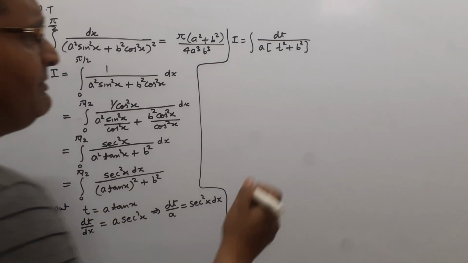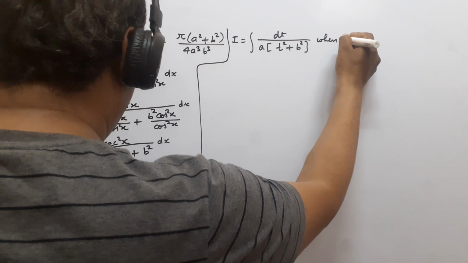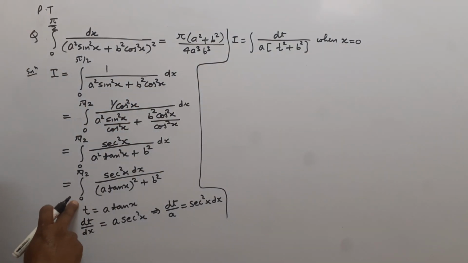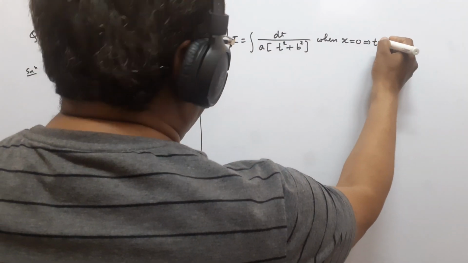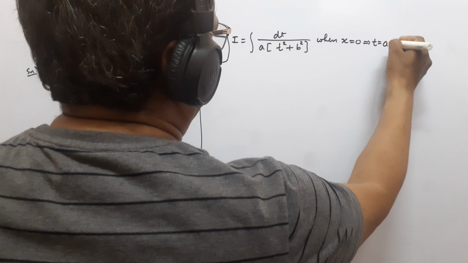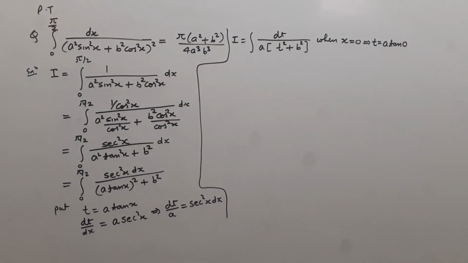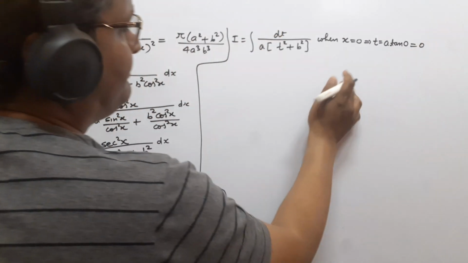Now we change the limit. When the lower limit x is equal to 0, this becomes t equal to a tan 0, and we know that tan 0 is equal to 0, so t is equal to 0.